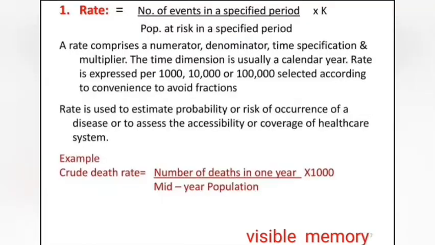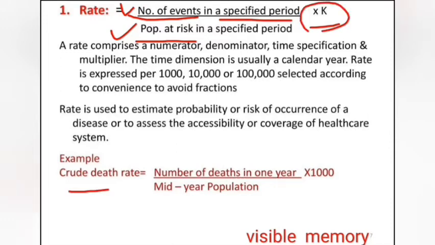So the formula of rate is the number of events in a specified period over the population at risk in a specified period, multiplied by 1,000. This equation has a numerator, the number of events, and a denominator. The numerator must be a part of the denominator, with a time specification and a multiplier. So when we take the example of the death rate, it is the number of deaths in 1 year over the mid-year population.